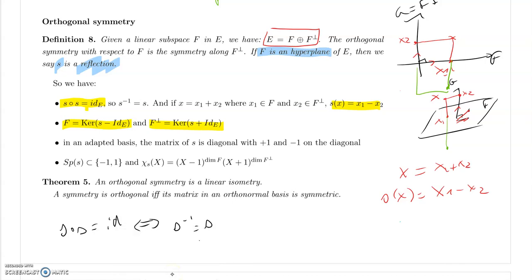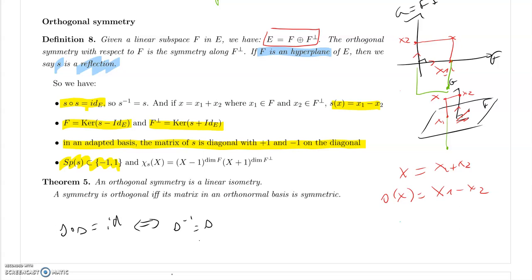But what's a nice result here is that in an adapted basis, the matrix of S is diagonal with plus ones and negative ones on the diagonal. We're going to see that a bit just afterwards. The spectrum, we've already worked on that, that was one of the exercises. It's going to be included in {-1, 1}.